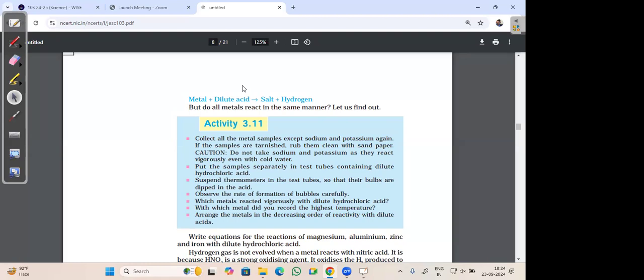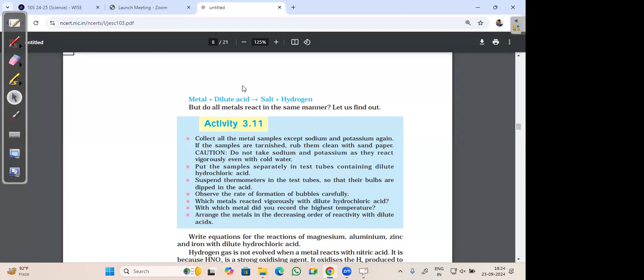Then we have seen two metals which can produce hydrogen gas even with nitric acid. Dhruti, can you name those metals? Sir, Mg. Very good. Manganese and magnesium.